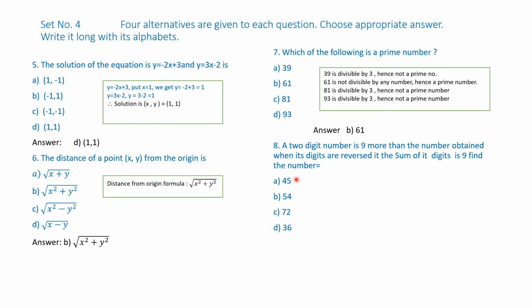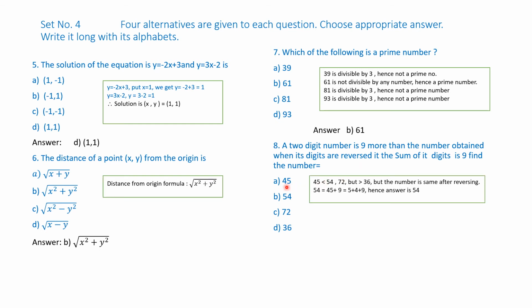He has given 4 options, A, B, C, D. Here he is asking for a two-digit number that is 9 more than the number obtained by reversing its digits, and the sum of its digits is 9. That means the sum should be equal to 9, and the difference between the two numbers should be 9. Therefore, let us consider 45.